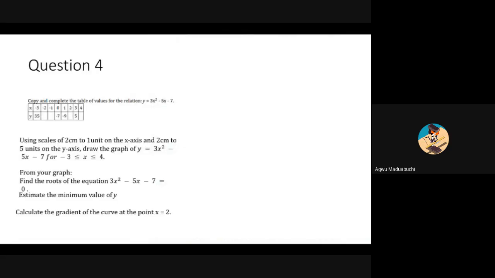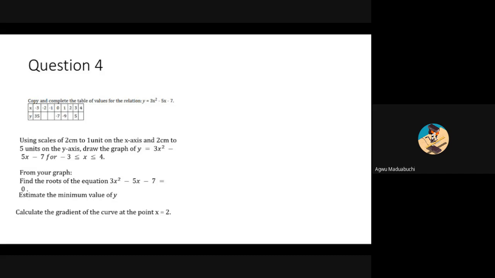Then, using the scale of 2 centimeter to 1 unit on the x-axis and 2 centimeter to 5 units on the y-axis, draw the graph of that function. Now look at it, it was the same function. So once you input your values, I believe we know how to solve to get the value. So for this question, that's not my focus. Once you get the values and input them correctly, then you go and plot.